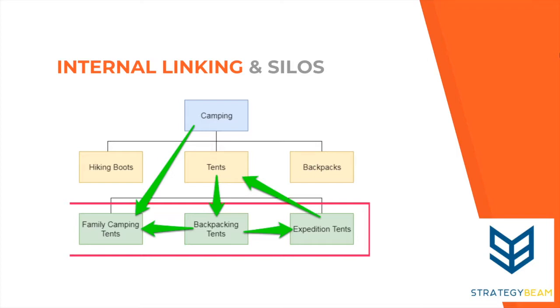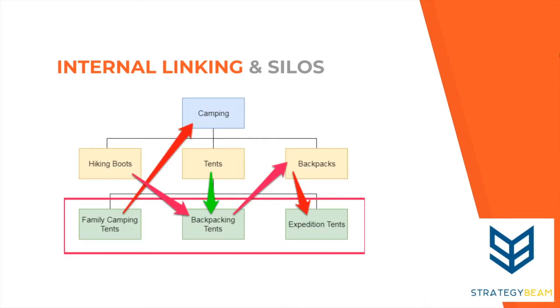The parent page of tents, the one in the yellow, only points down to backpacking tents, expedition tents, family camping tents, and then within each silo, the child pages are only pointing to similar child pages. So there we see backpacking tents pointing to expedition tents, pointing to family camping tents, and vice versa. They can all point to each other, but it's just very important that we have a very strict linear and horizontal movement of links to keep our link power structured.